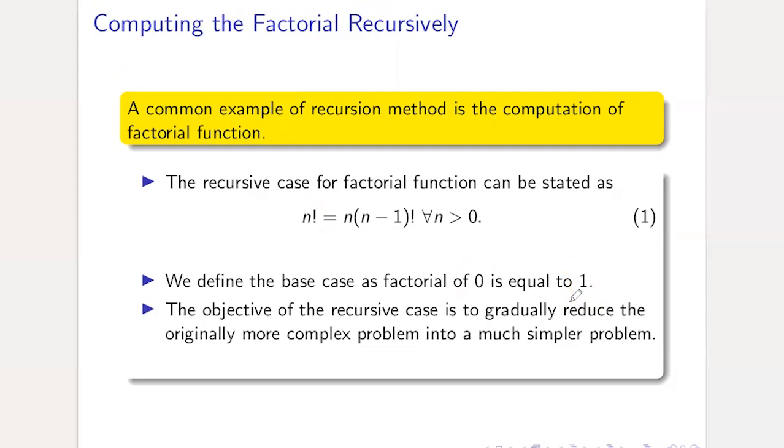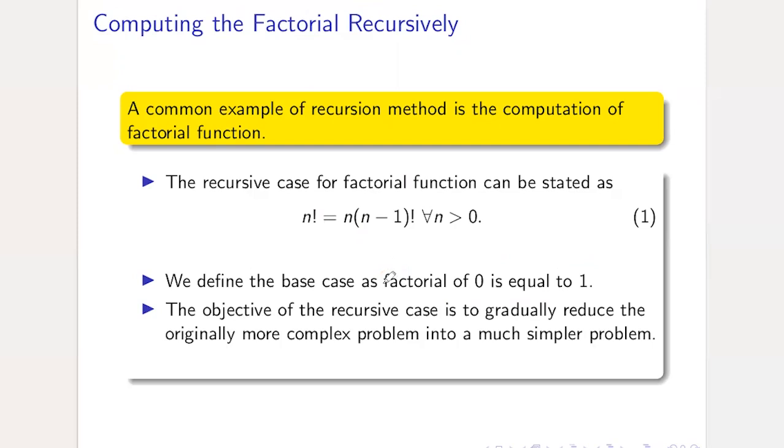So we should develop an algorithm that takes these two cases, the recursive case given here and the terminating or the base case given here, and put them together into an algorithm to solve the problem of computing the factorial.